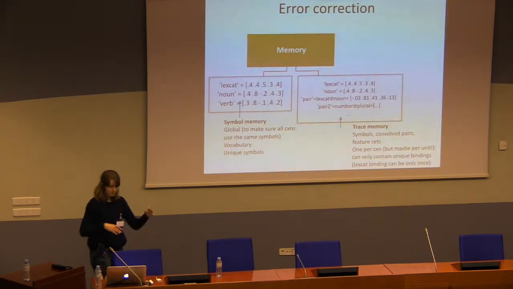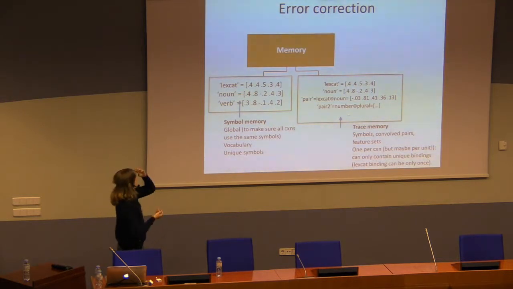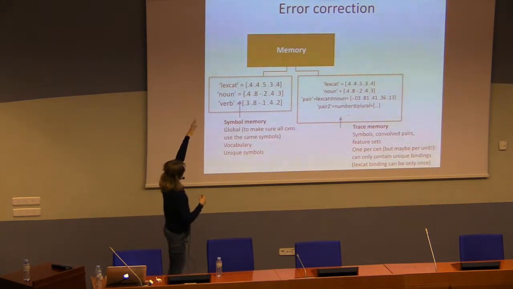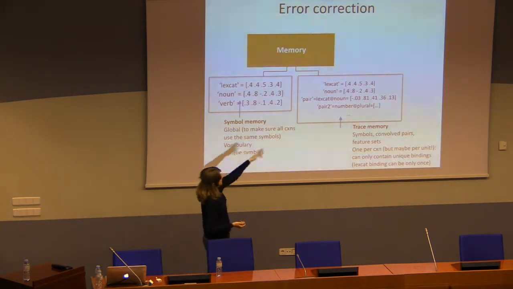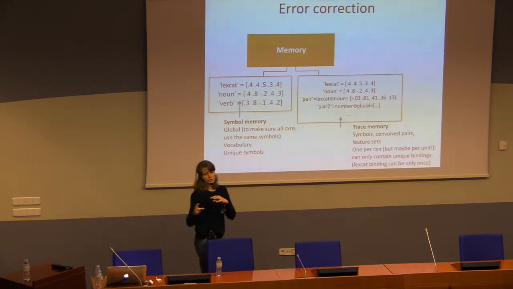So that brings us to the error correction, which I already kind of spoke about. This is your memory, where you keep all the vectors you know, so anything that was ever generated, basically, you just keep track of. We call that symbol memory. But we also have a trace memory, which is per structure, per construction, for instance. And that's anything that you've been adding along and convolving.